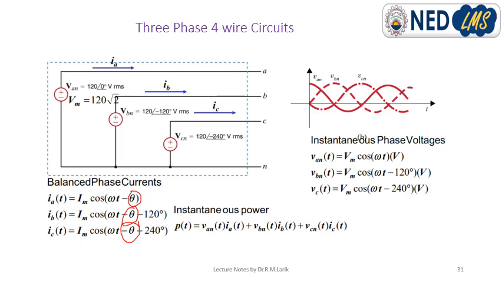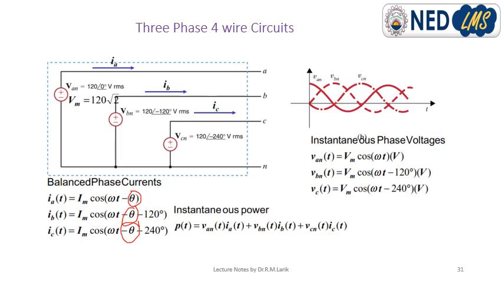And the instantaneous power. Instantaneous means it changes with respect to time. In sinusoidal quantities, we have values of voltage and current which change their magnitude with respect to time. Every time it changes its magnitude.